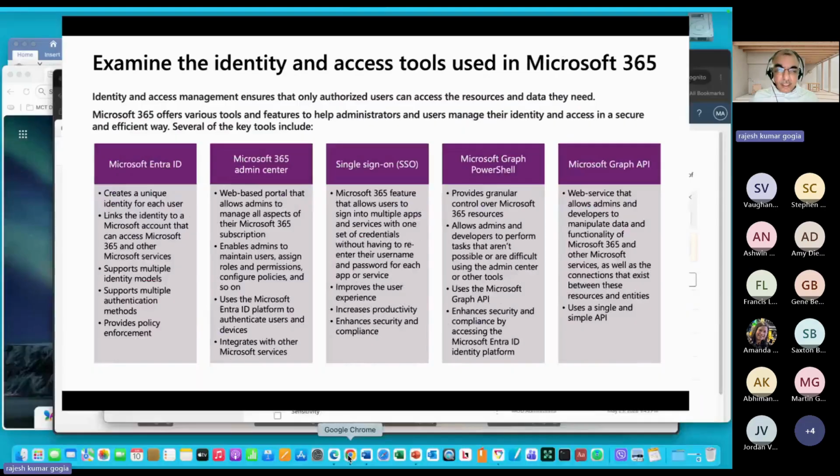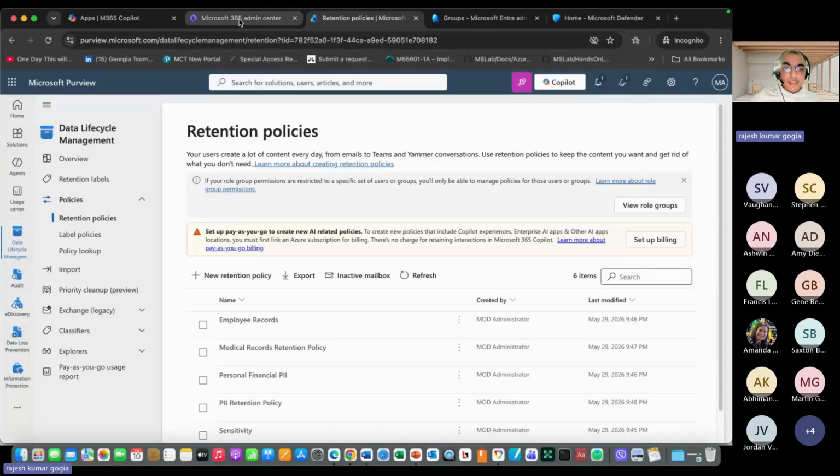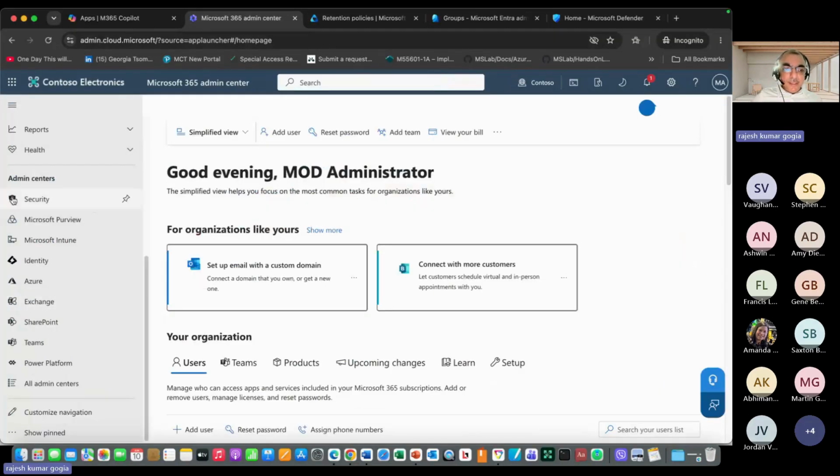If you look at the 365 admin center, see how many admin centers we have. Security is there, Purview is there, Intune is there, Identity is there, Exchange is there, SharePoint is there. So based on the different teams and departments, the appropriate access has to be given. There are so many services coming in, isn't it?